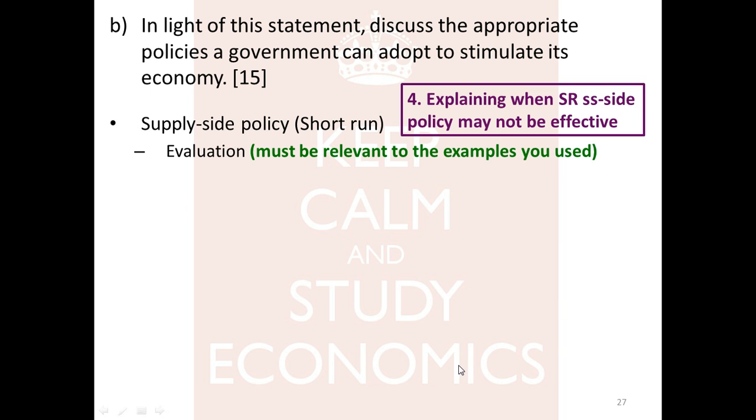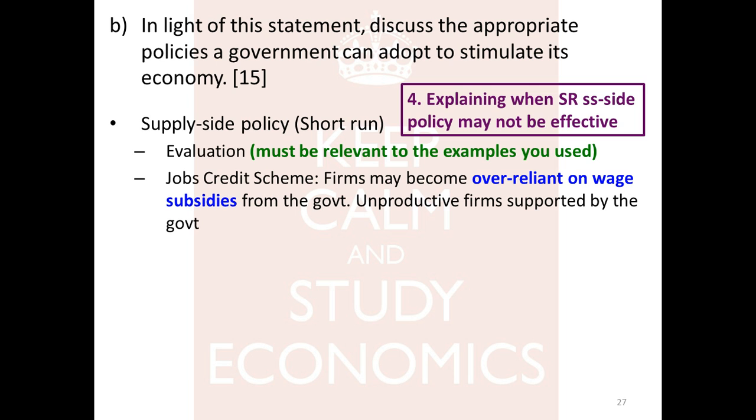Very simple. You are expected to do some evaluation of the examples that you have brought up. Okay, I cannot stress this enough. If you talk about jobs credit scheme in the front part, in your evaluation, you must also evaluate the jobs credit scheme. Don't go and evaluate something else.